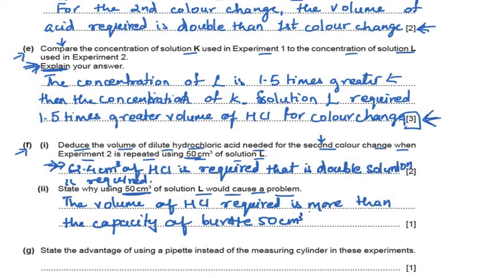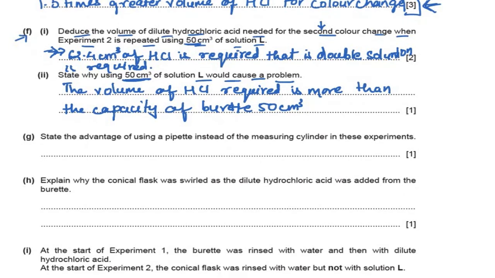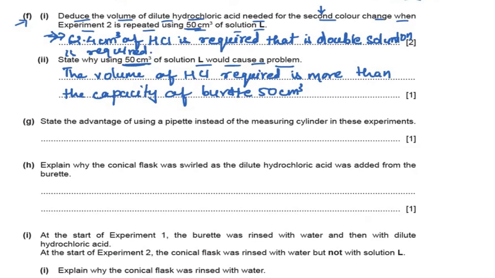So that is going to create a problem. Or you can write any such similar sentence of the same meaning in your own words, where the volume of HCl will exceed 50 centimeter cube. You can write such a sentence also. So everything is acceptable with the similar meaning.